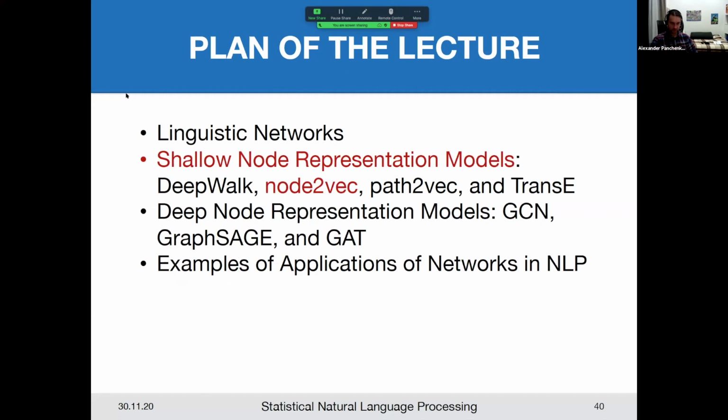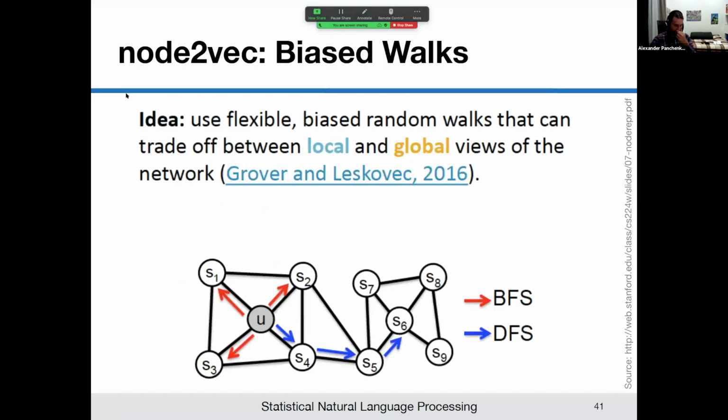The second approach we're going to discover today is node2vec. The way node2vec learns embeddings is almost similar to DeepWalk.